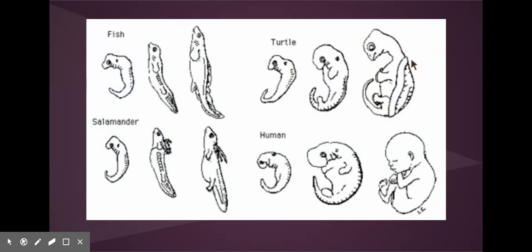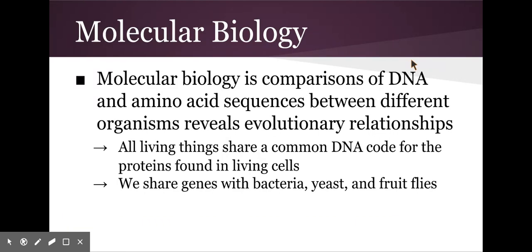If we look at the fish as compared to the turtle, salamander, and human, in the very beginning, they look very similar. And then they start to get their differences, which then lead to the completely different organisms that they are. So the next thing is molecular biology.